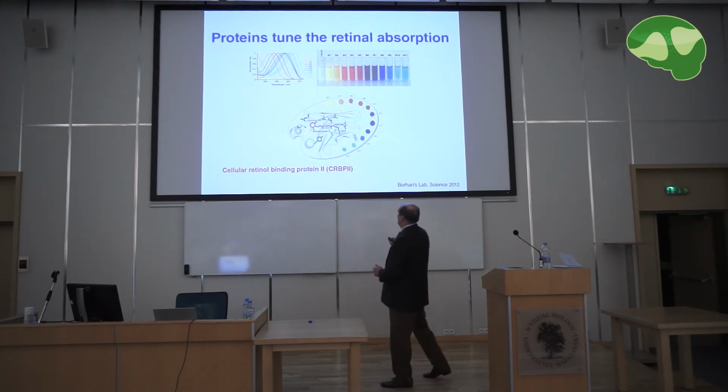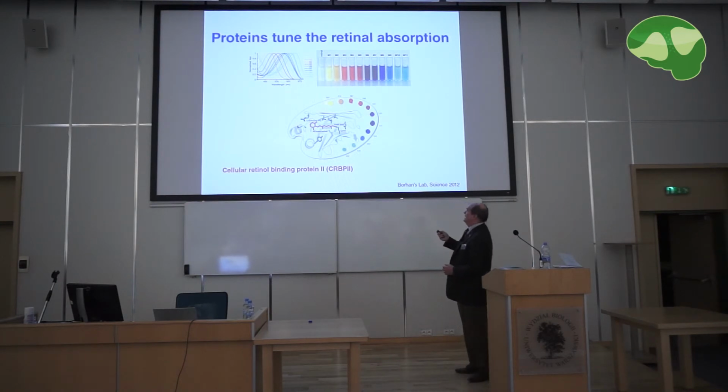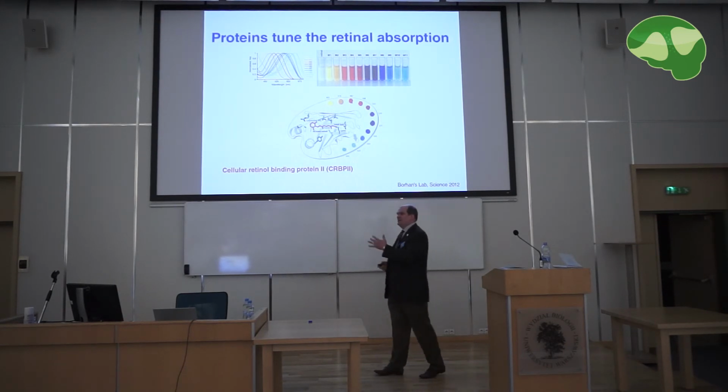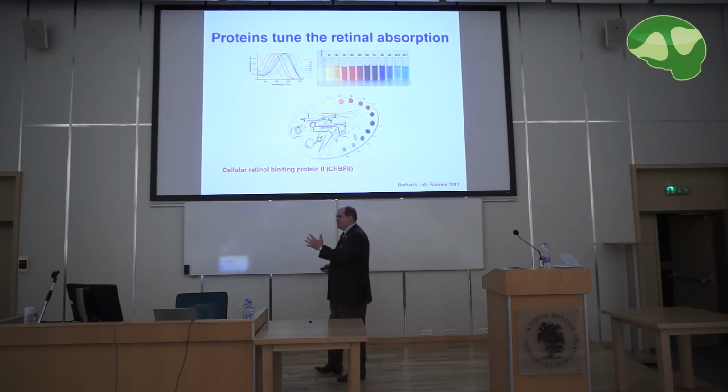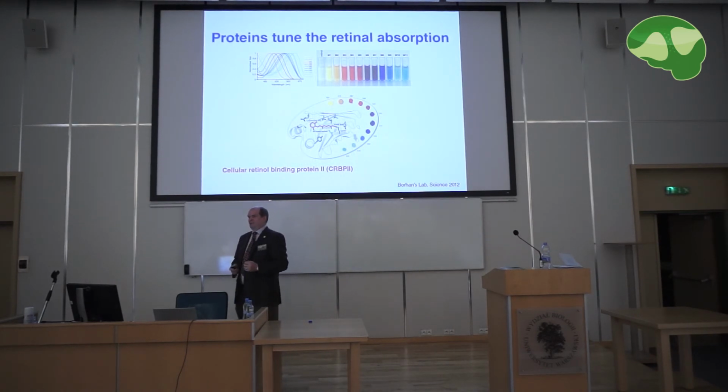And then he modified many residues around the binding site. And he found that this same chromophore can absorb 400 nanometers, or 500 nanometers, or 650 or so nanometers. So he can make a color with this particular molecule, all-trans retinal.